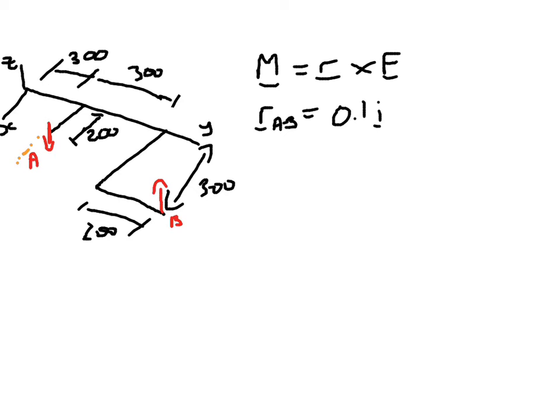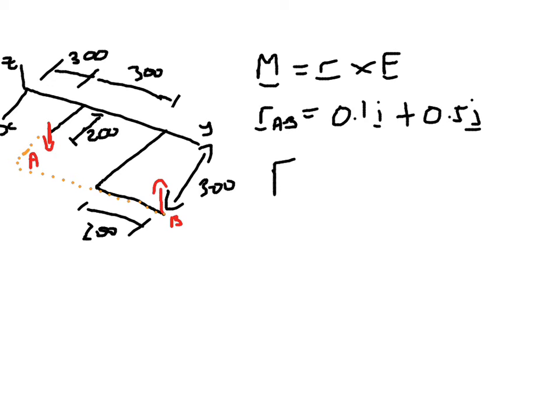In the j direction, we have to move 300 plus another 200, so 500, or 0.5j, and they're in the same plane, so there's no z component, so 0k, but I'll just leave it off.